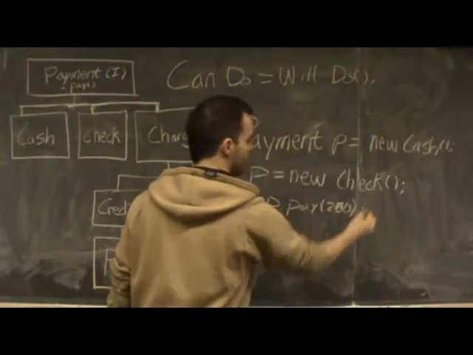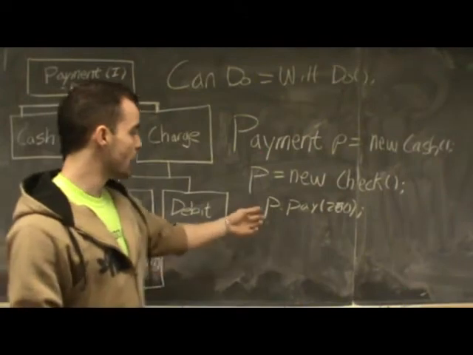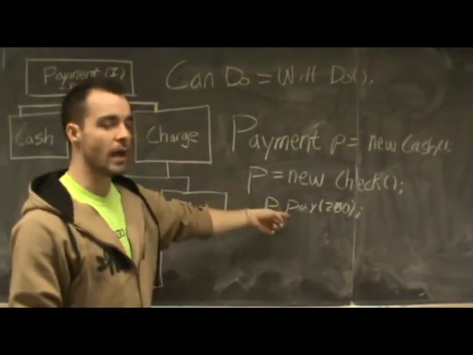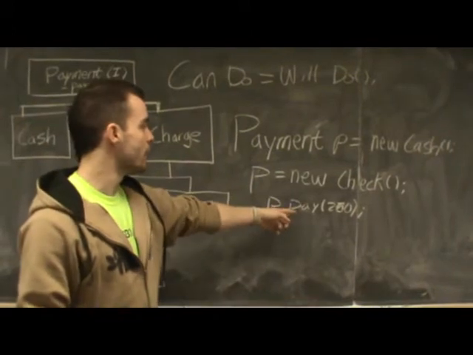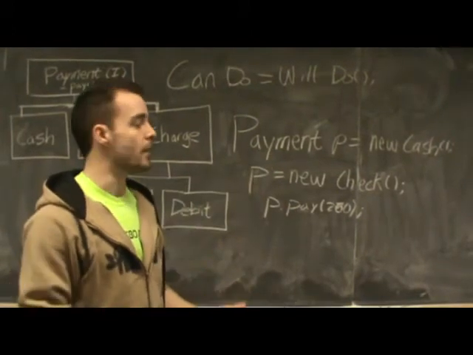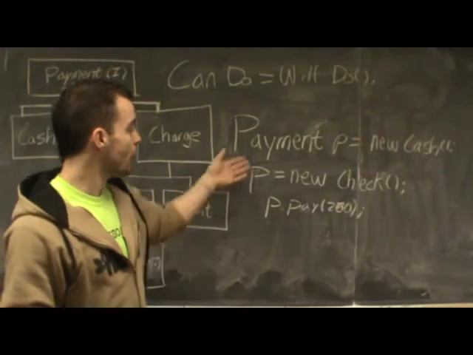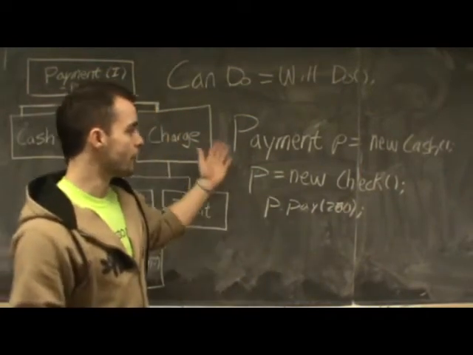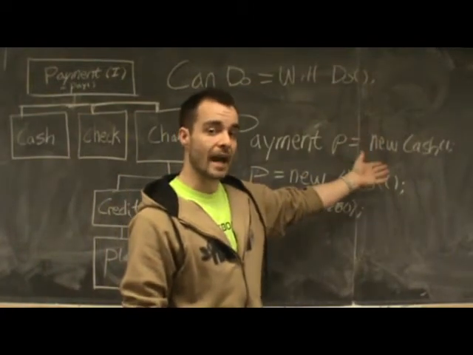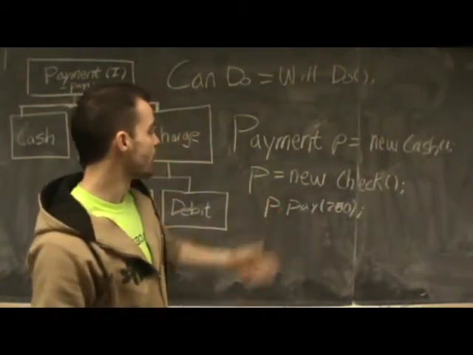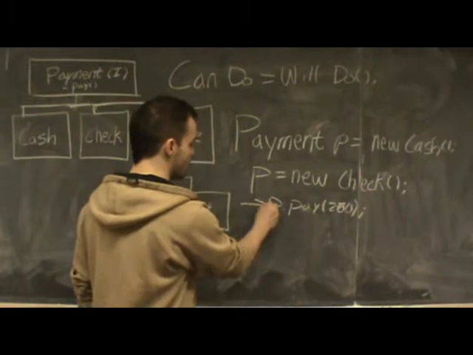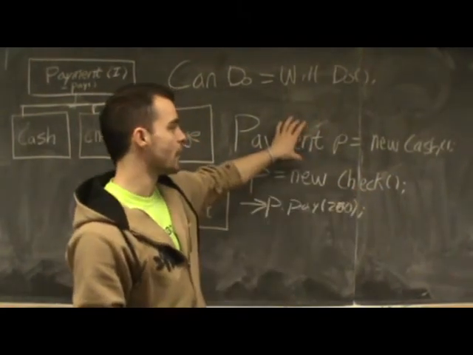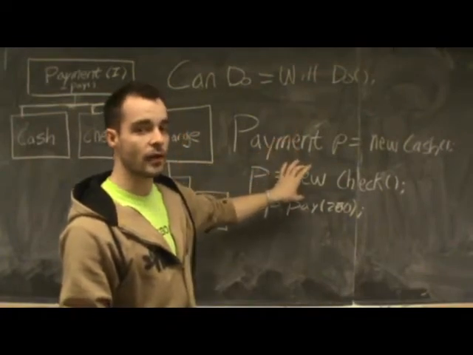Then the compiler is still happy with that because it knows, just like it did before, that P is a payment, so therefore you can pay. So a pay method is valid for P, so it's perfectly happy. But at runtime, if I just stuck that line back up there, it's going to refer to the cache class in order to execute pay. But if I write that line here instead, it's going to refer to the check class because it was a cache object and now it's a check object.